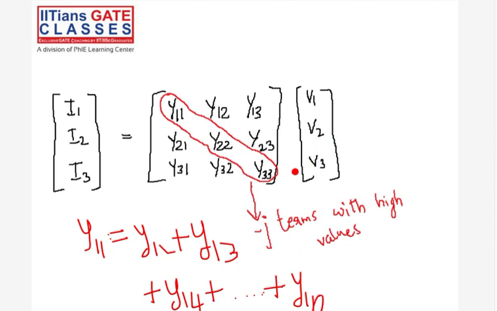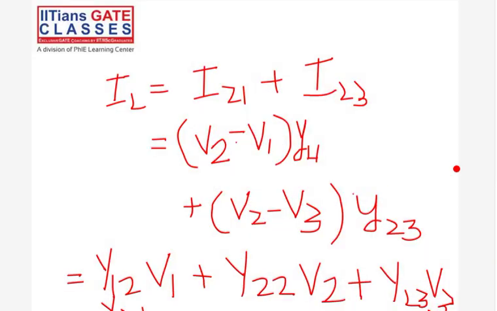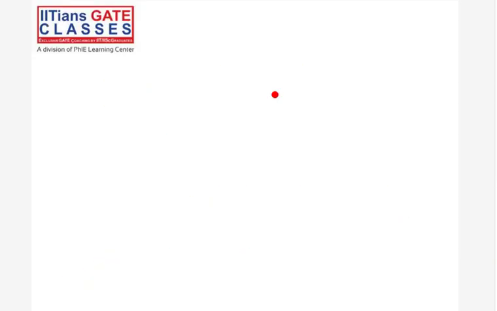And what is Y? Sorry, y12 small. What is small y? Small y is the actual admittance of the line between node, suppose this is i and this is j, right?